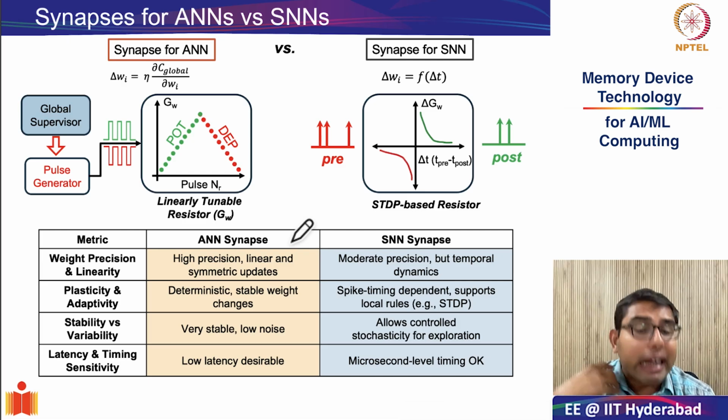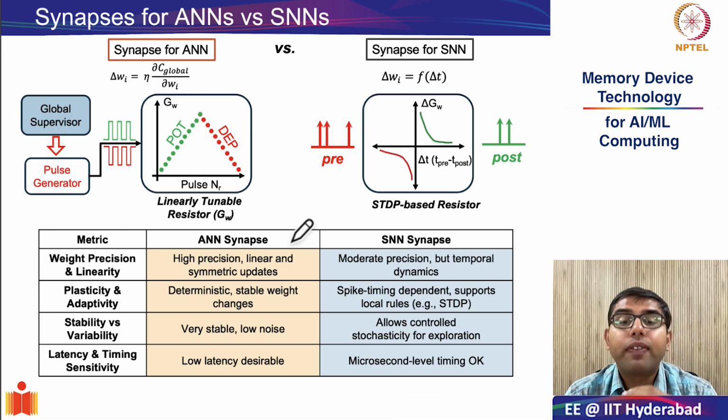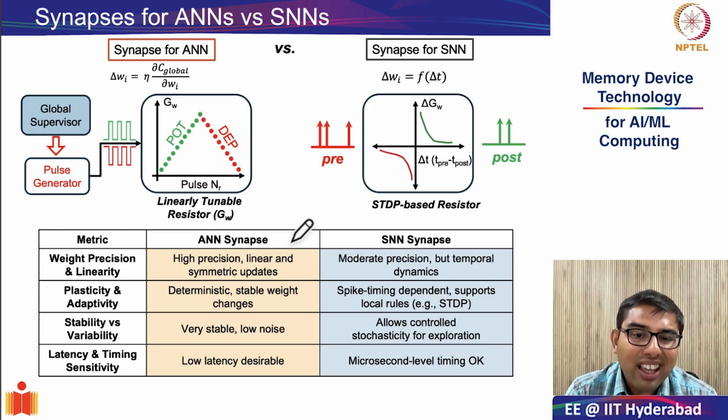ANN synapses are generally running at much faster rates, so a low latency is highly desirable, but for SNN synapses, even microsecond level timing is okay. This is because synapses in SNNs will basically mimic event-based computing. In event-based computing, it is not often that one synapse is active all the time. It is just based on the events. So this relaxes some of the considerations on how frequently these synapses are getting updated and also how quickly they need to be updated.